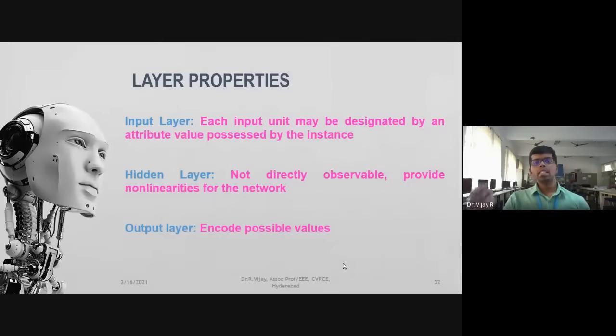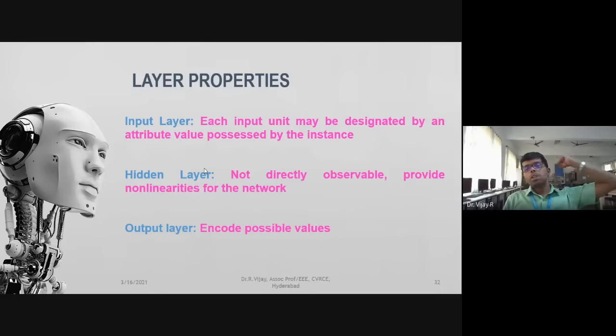Next is layer properties: input layer, hidden layer, output layer. For the input layer, each input may be designated by some attribute value. As I already said, for example, I need to take this mobile phone, so you have to give me one input. Imagine I am an ANN, an intelligent system.